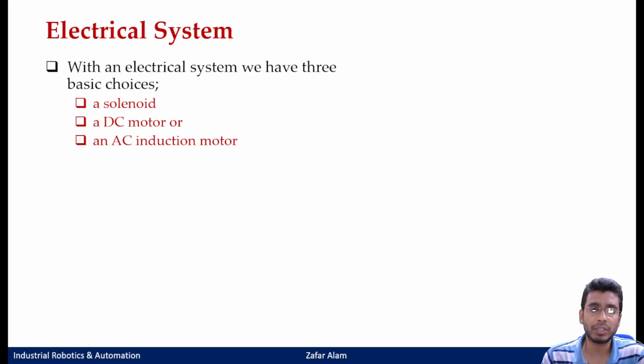Whenever you energize those wires, that core behaves like a magnet, and it can pull something that is ferromagnetic in nature. If you just release, then the entire core gets de-energized or demagnetized, and you can just leave that thing. So one way of doing the task can be a solenoid.